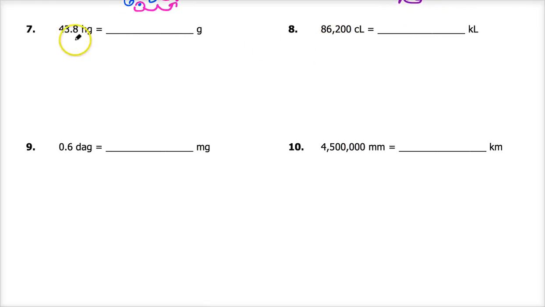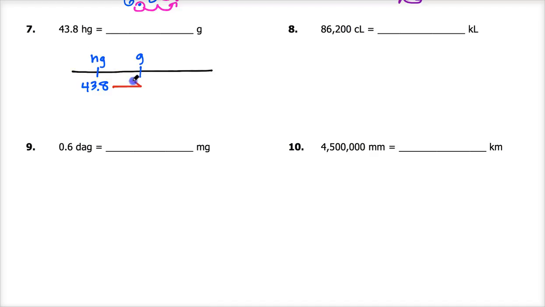Number 7, 43.8 hectograms, and we're converting that to grams. Grams are, of course, in the middle, and hectograms are 100 times larger than a gram. So we're starting with our 43.8.